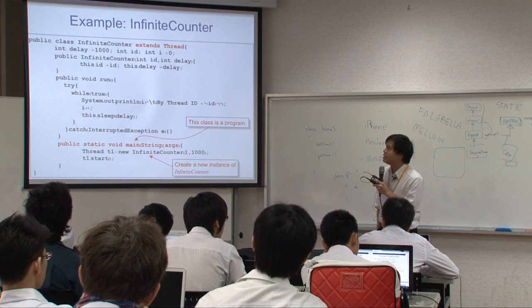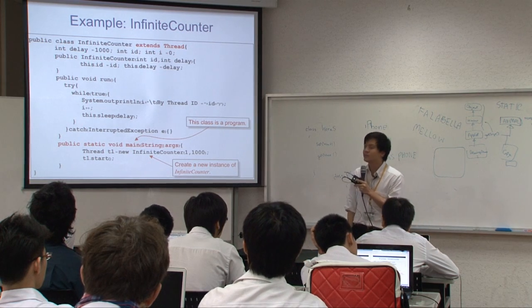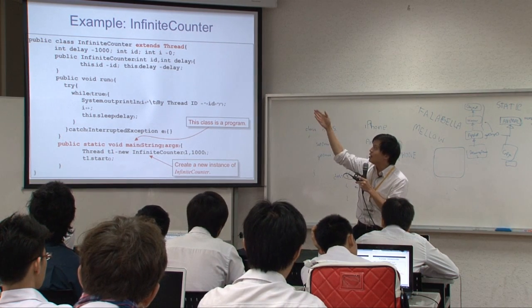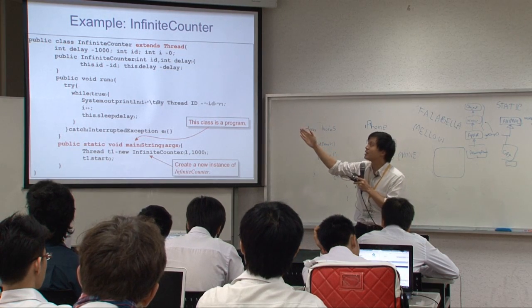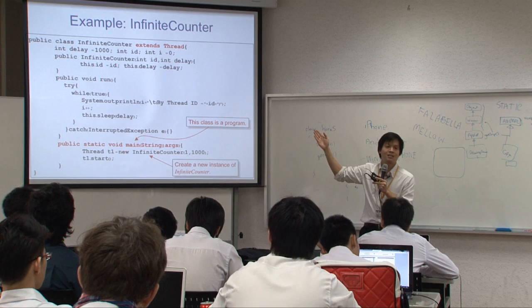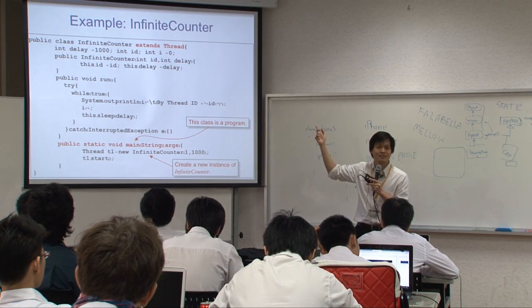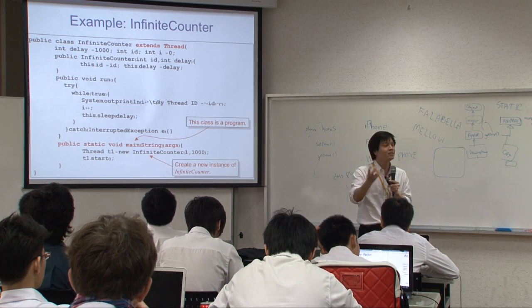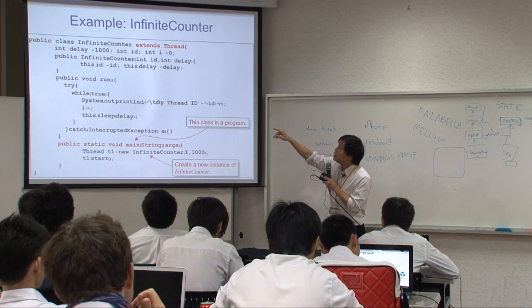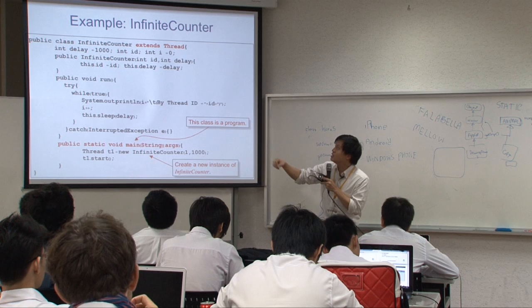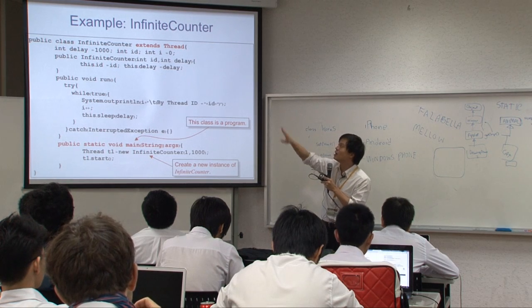This is a very simple example of a thread, right? This is a class definition. The name of the class is InfiniteCounter, which extends Thread. So this InfiniteCounter is a thread. Here, we define some attributes: delay, int, id, whatever.